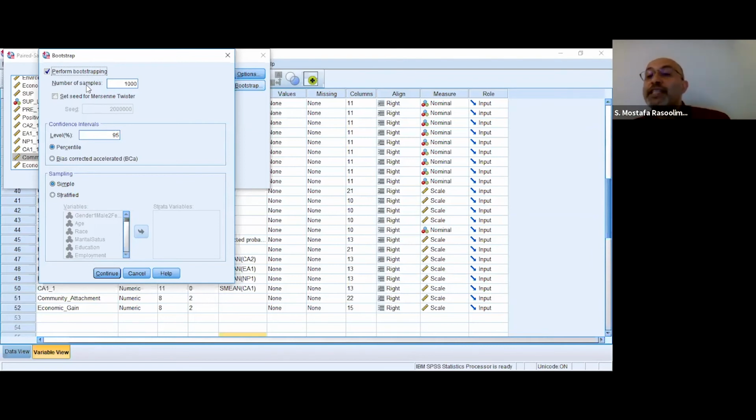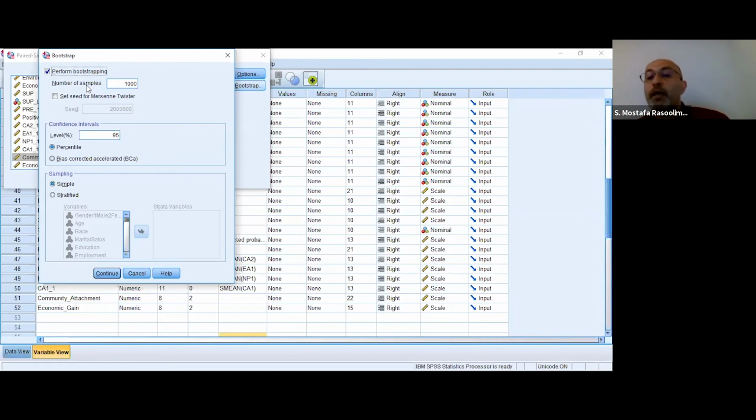So using resampling and bootstrapping, we can still apply parametric tests to non-normal data. In recent versions of SPSS, I'm not sure about the one you use, you can check whether your SPSS has this feature.